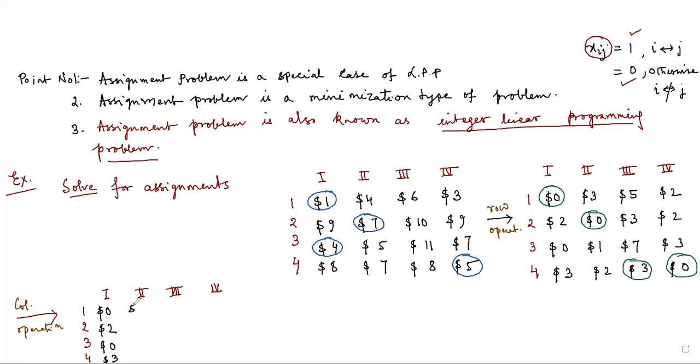Now we are going to apply the same thing which we did for the row operation with respect to the columns. Consequently, the first column will not change because the minimum element is 0 here. The second column will not change because the minimum element is 0. The third column will change. This will become 2, this will become 0, this will become 4, and this will become 0. The last one will also not change because the minimum element is 0.